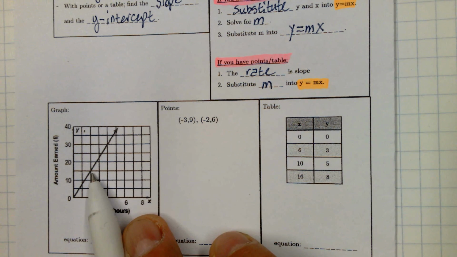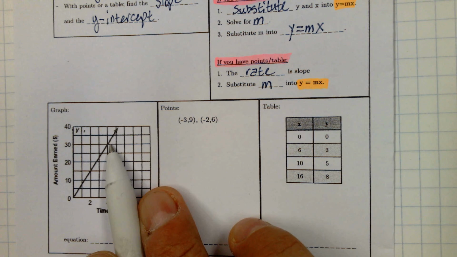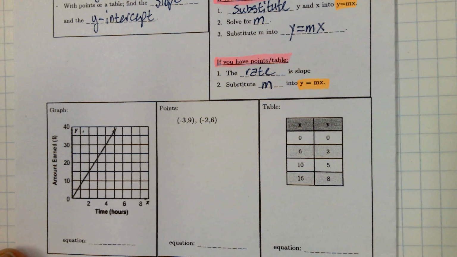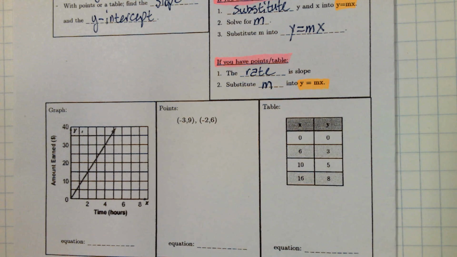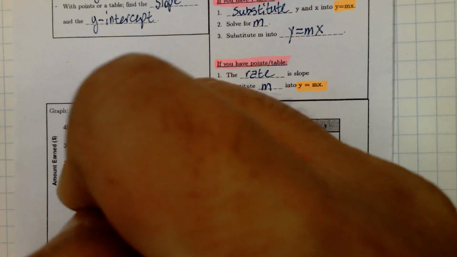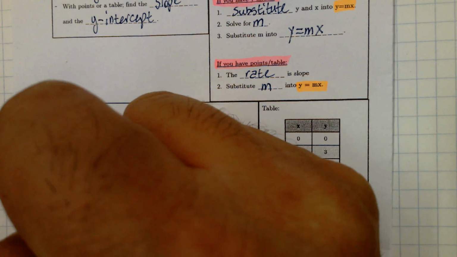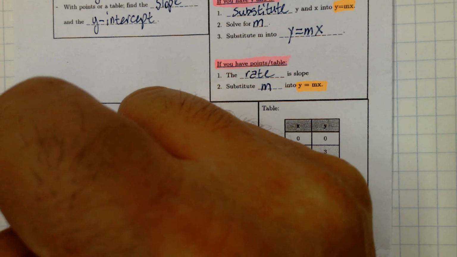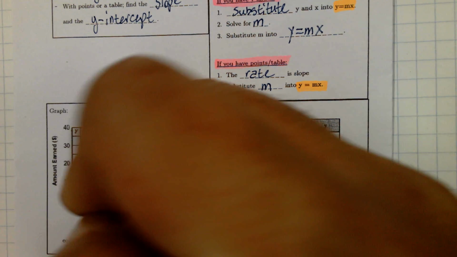You could use this point, you could use this point. Let's use the following points. It goes through the origin, so we know it goes through 0, 0, and it looks like it goes through 2, 15. There's another point. Okay?